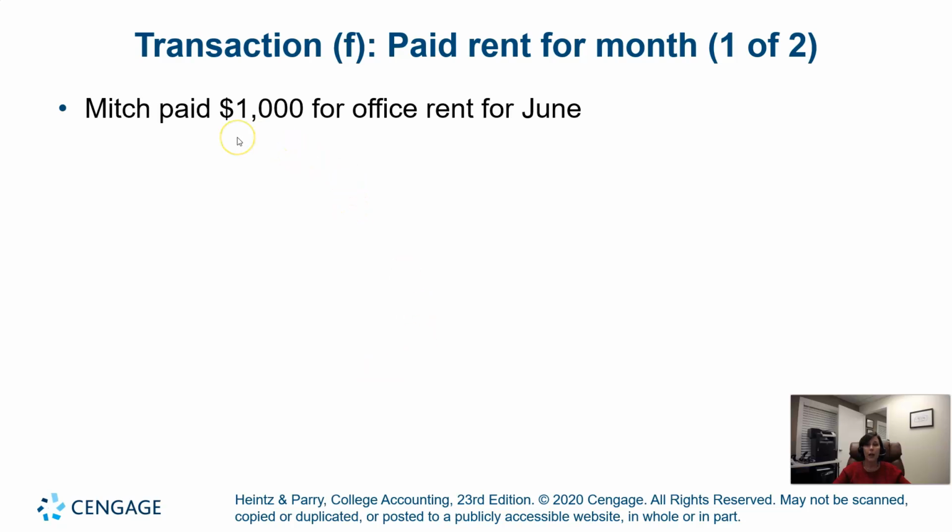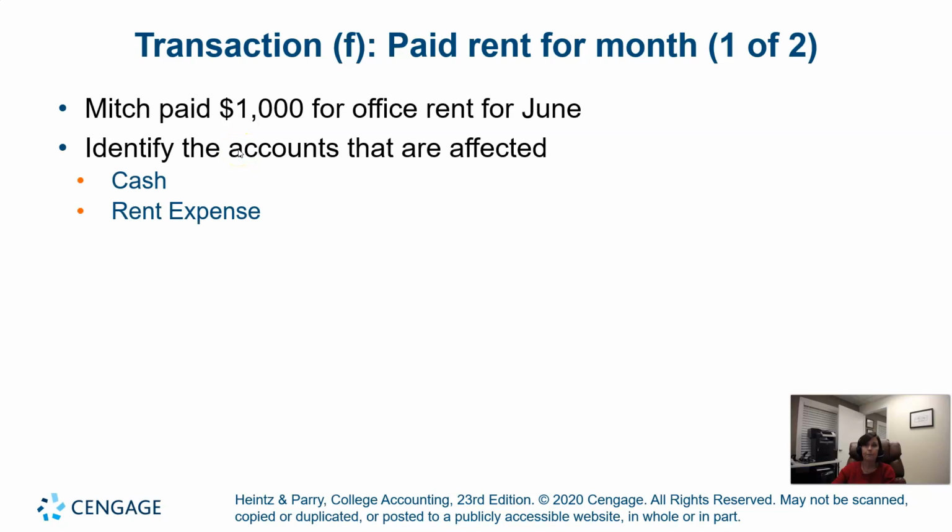Now we're going to pay our office rent for the month of June, $1,000. So we paid something. And that suggests that we used cash. And what is office rent? Sounds like something I pay here. It's an expense. It's something that costs me money to run my office so that I can earn money. So we've got cash.